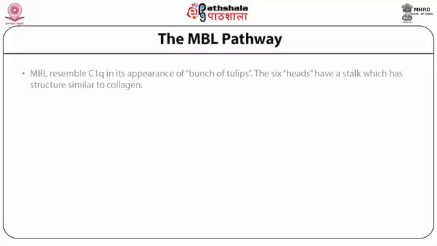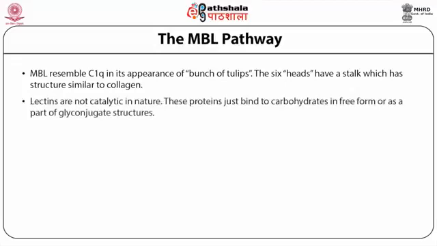MBL resembles C1q in its appearance, which is like a bunch of tulips. The 6 heads have a stalk which has a structure similar to collagen. It is the heads which are the carbohydrate binding sites. Lectins are not catalytic in nature.